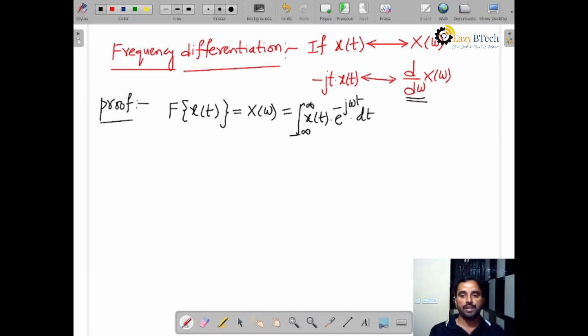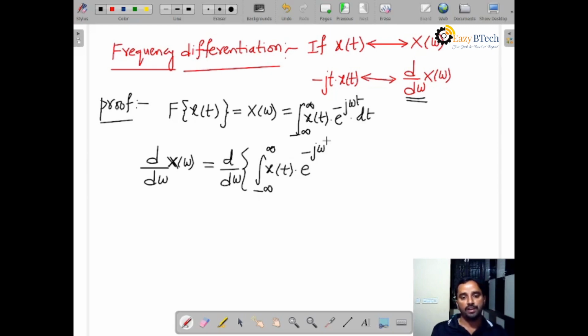So let's take this, d by d omega of X of omega, meaning X of omega is differentiated with respect to omega, equal to d by d omega of this total integral from minus infinity to plus infinity of x of t e to the power minus j omega t dt. Right or not? We are taking the differentiation of X of omega with respect to omega, that I have written.